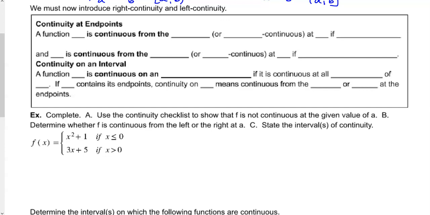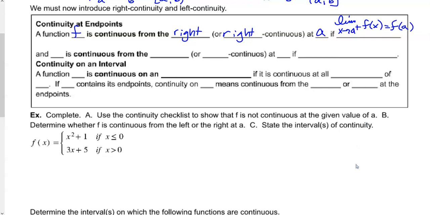So a function f is continuous from the right, or what we refer to as right continuous, at a if the limit as x approaches a from the right of f of x equals f of a.